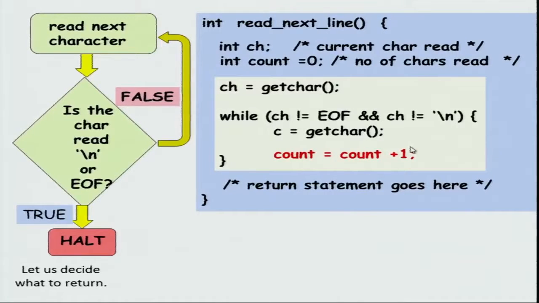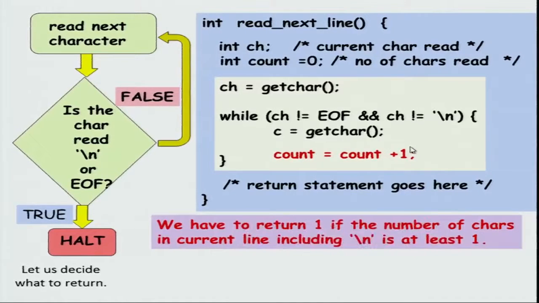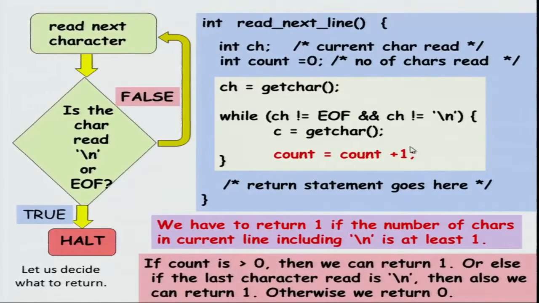Okay. So, now let us decide what should be the return value. We have to return a 1 if the number of characters in the current line including new line is at least 1. So, if count is greater than 0, we can return a 1. If the last character was end of file without having any other characters, then we return a 0.